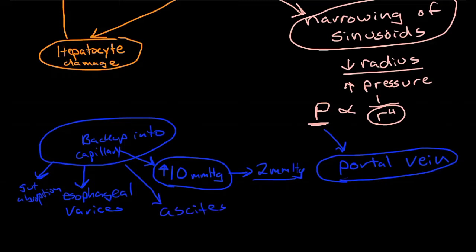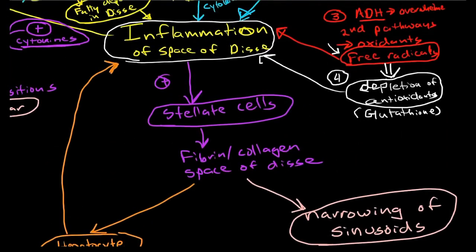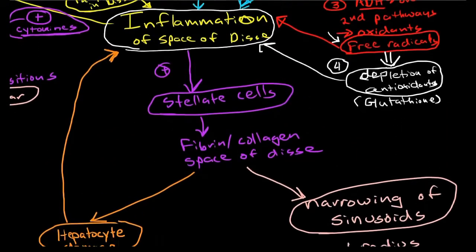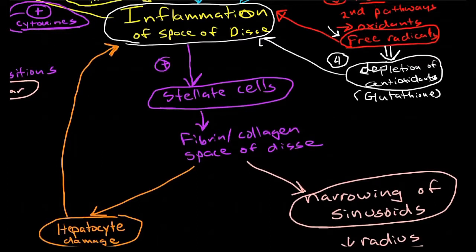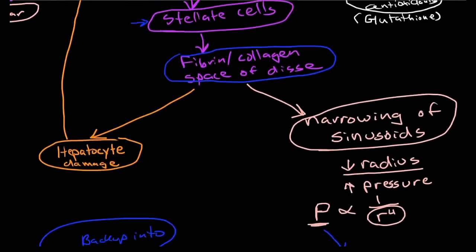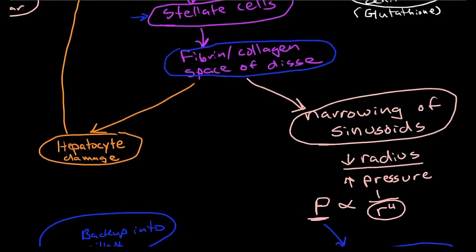Okay, so again, we've got inflammation of the space of Disse that causes the stellate cells to deposit scar tissue in the space of Disse, and that narrows the sinusoids, causing portal hypertension, and it also causes hepatocyte damage.